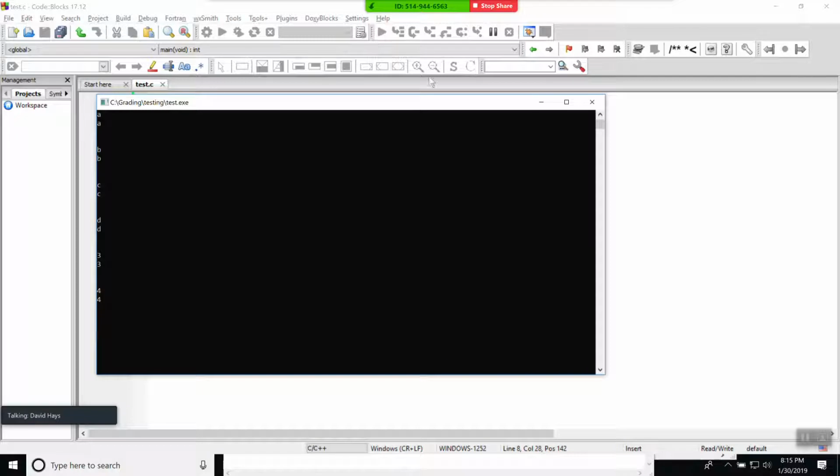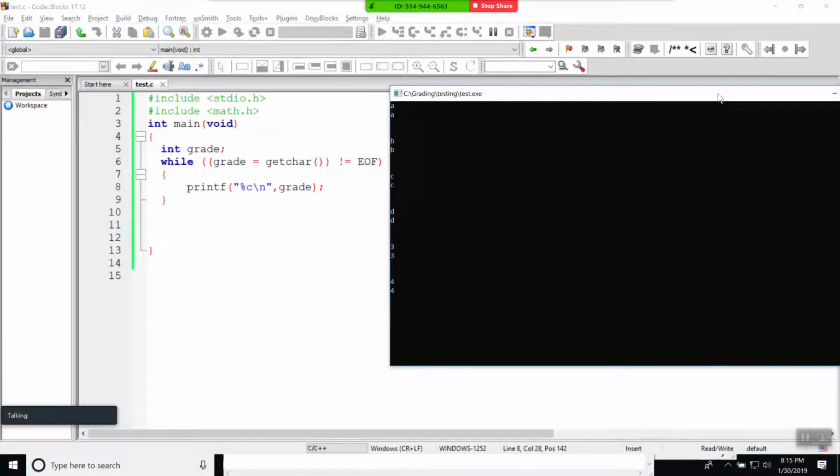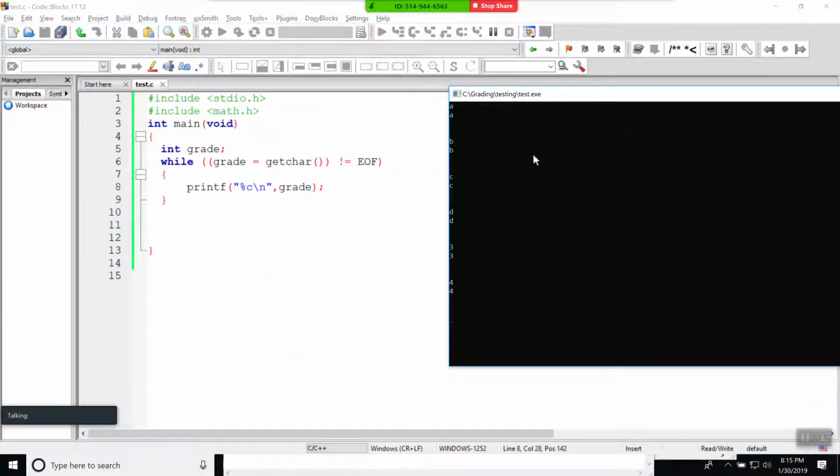So what I'm doing is this getchar here is getting a single character. It's waiting for me, saying, okay, I'm waiting for a character. You type in a single character, and then it checks to see if it's the end of file, which I think is Control C. We'll try that here in a minute.